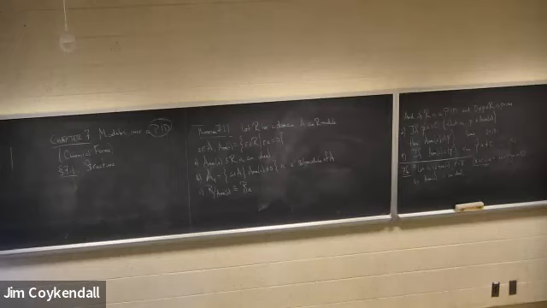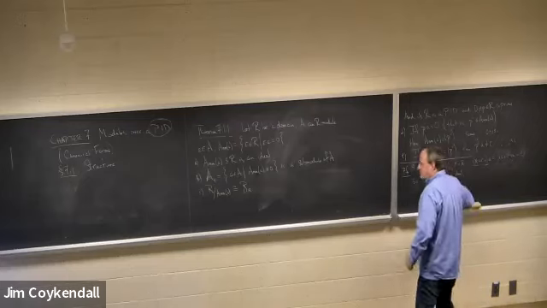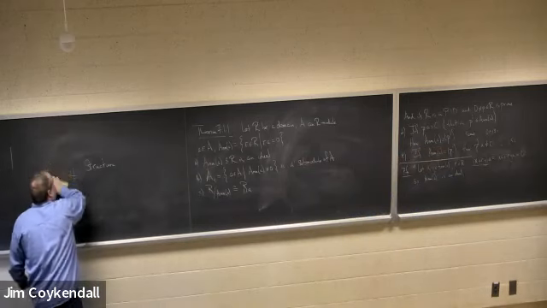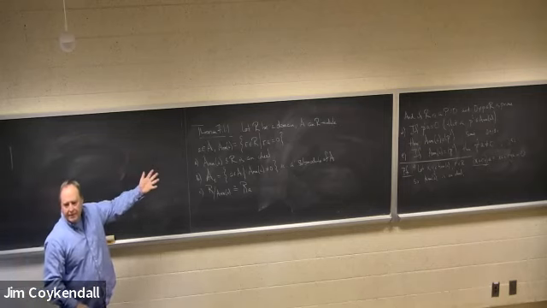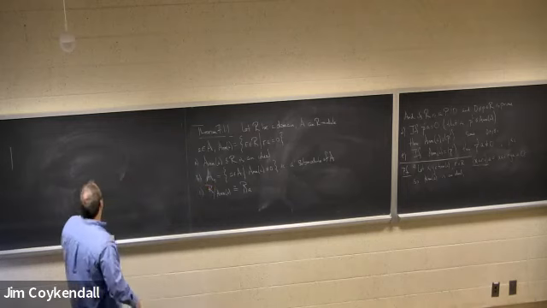Non-empty, very good, that's right. To apply this, I have to have non-empty. But is this going to be a problem? 0 is certainly in the annihilator. So okay, we're good to go on that. By the way, you should notice that part A didn't even depend on integral domain, right? This statement is true anyway.